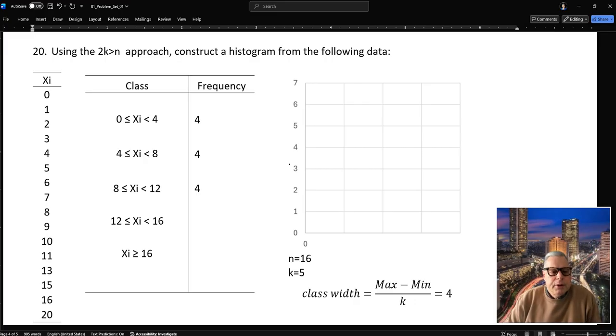So for 12 and 16, we said 13 and 15, so that was 2. And the final one, greater than 16, that's another 2.